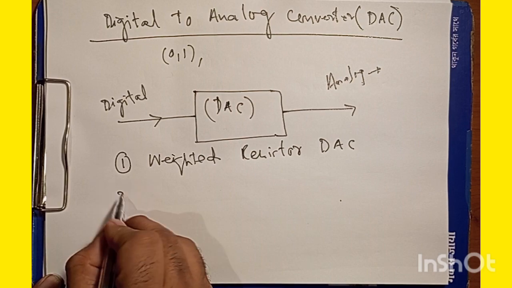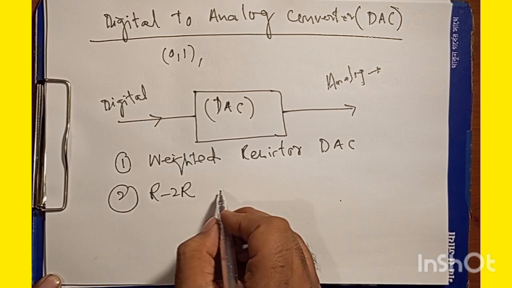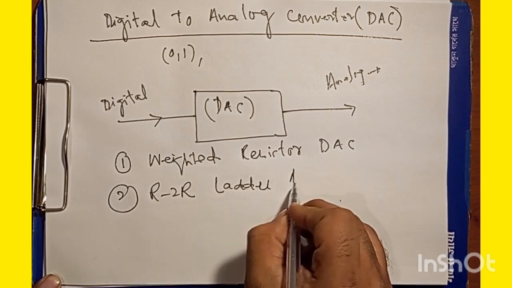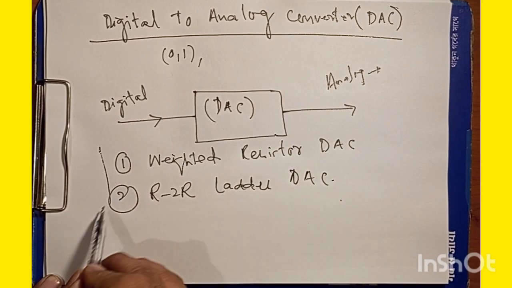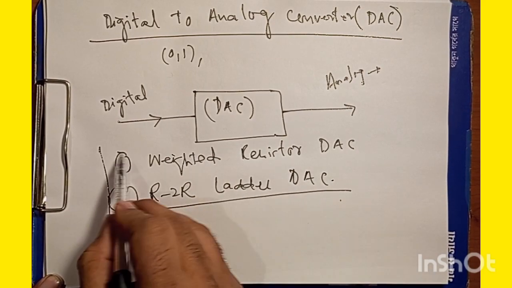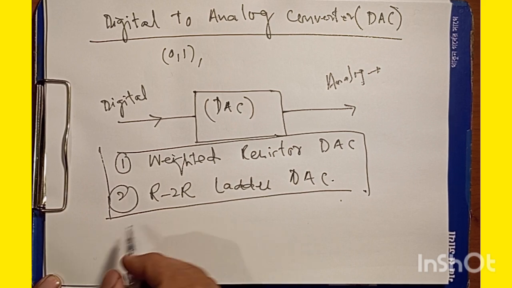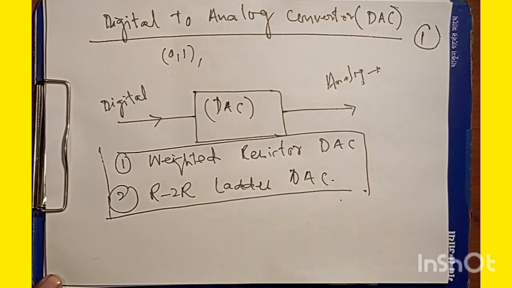And the next one is called R-2R ladder DAC. So the job of these two is to convert these digital binary numbers into an analog output. Now let us start discussing this weighted resistor DAC.